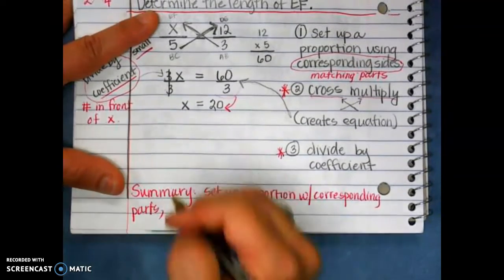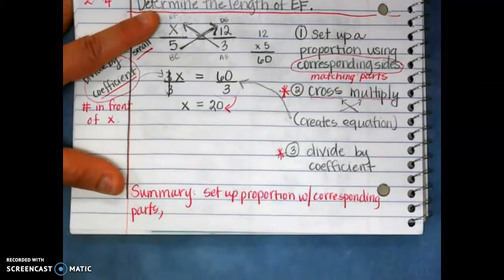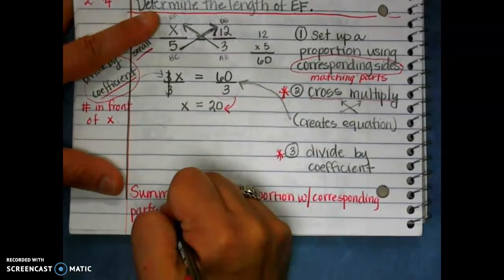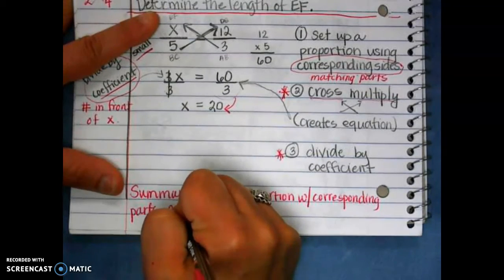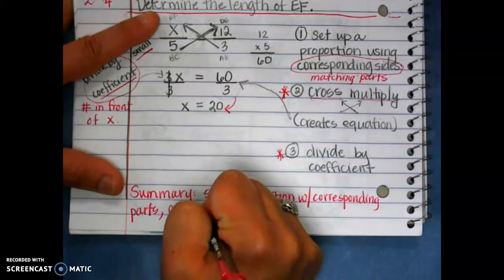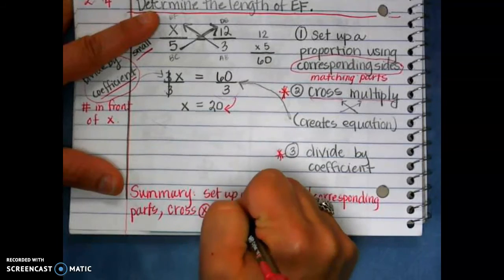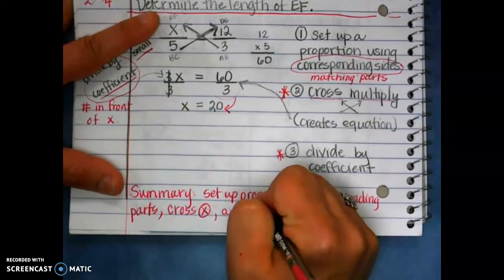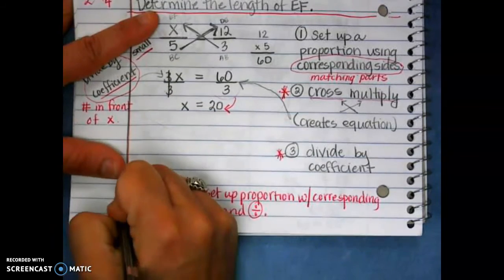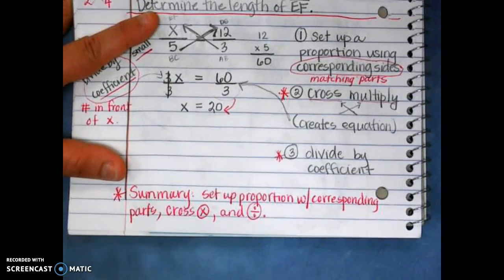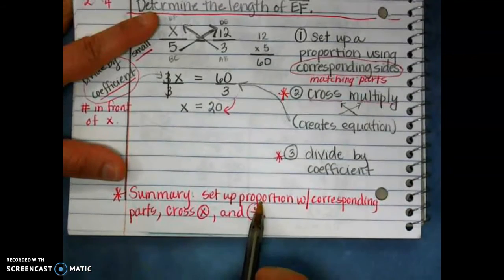After I set up my proportion with the corresponding parts, meaning everything matches and it's in the right place in your proportion, you're going to cross multiply, and finally you divide. So that is my major skill to answer that question: proportion, cross multiply, and divide.